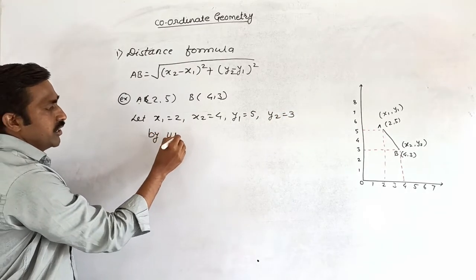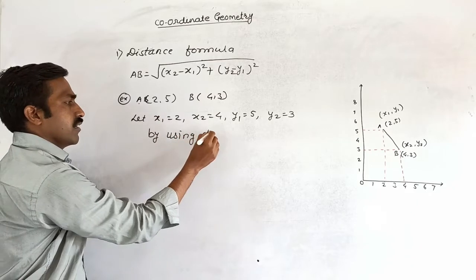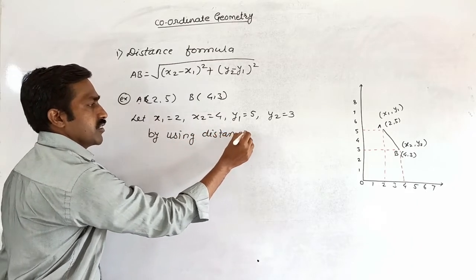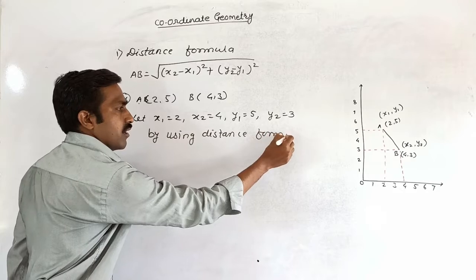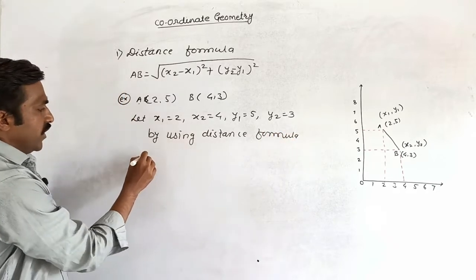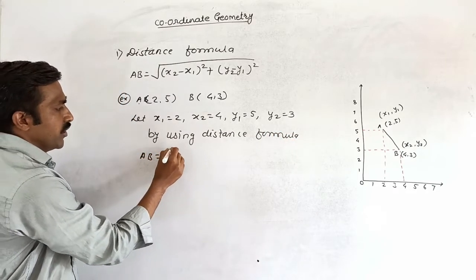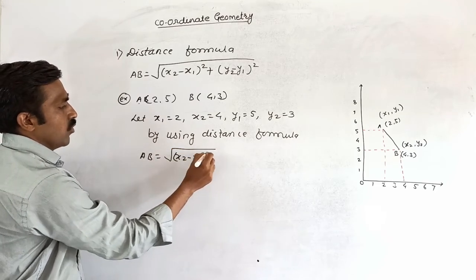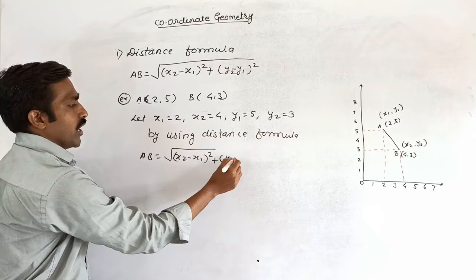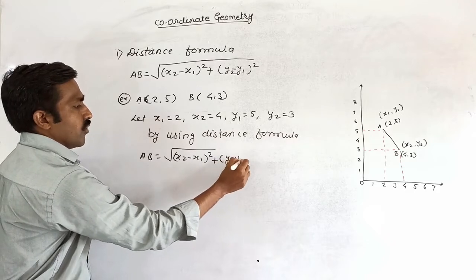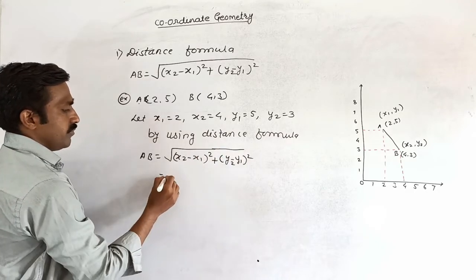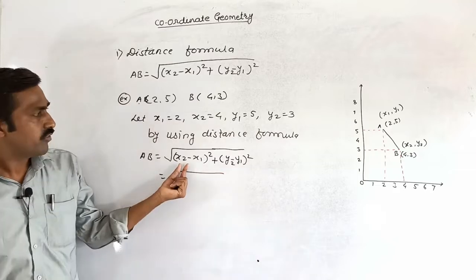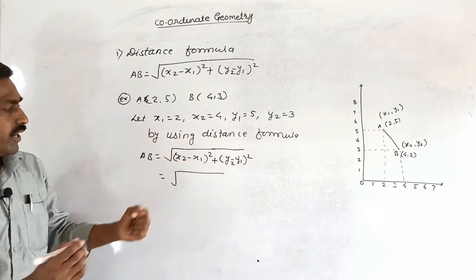By using the distance formula, AB is equal to the square root of (x2 minus x1) whole square plus (y2 minus y1) whole square. Now put the value of x2 and the value of x1.